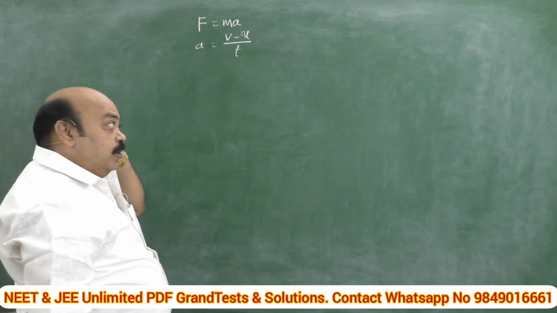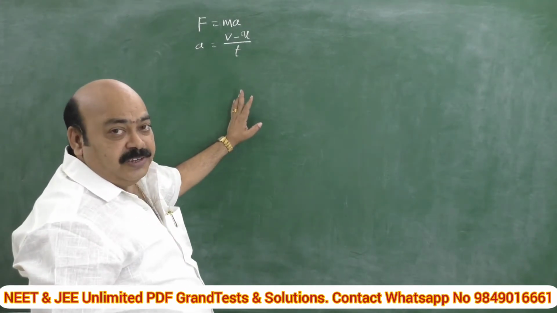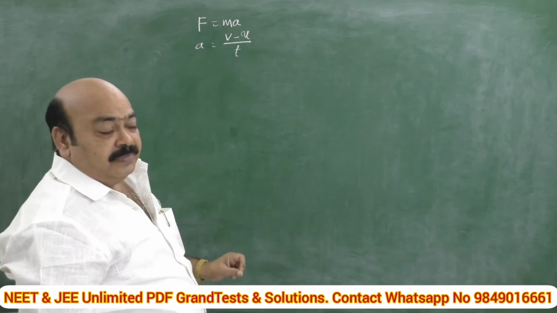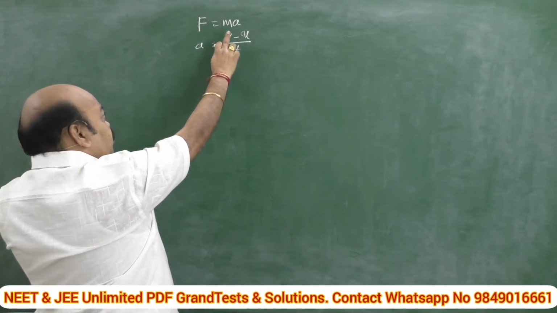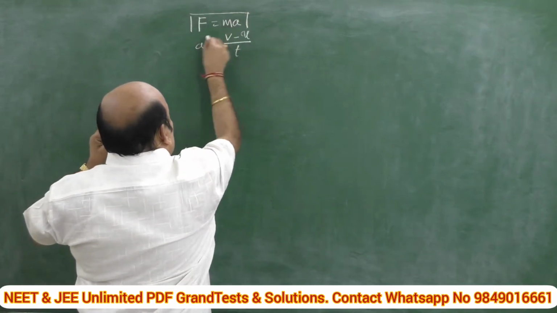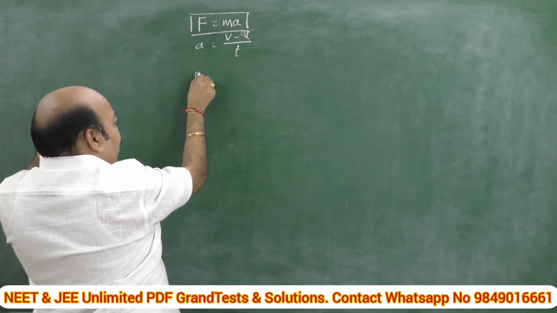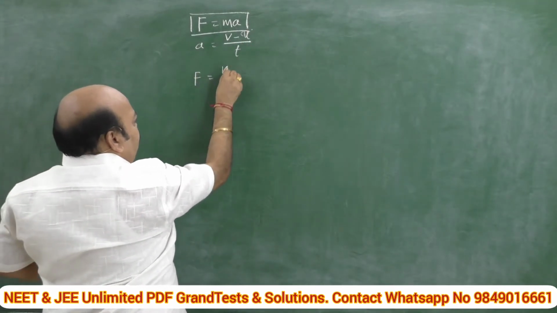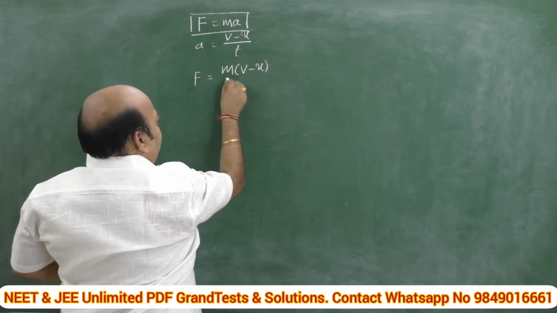My sincere advice is, don't try to memorize this, try to derive it. a is equal to (v minus u) by t, then substitute it in the standard equation from Newton's law. Then we have force F is equal to m into (v minus u) by t.